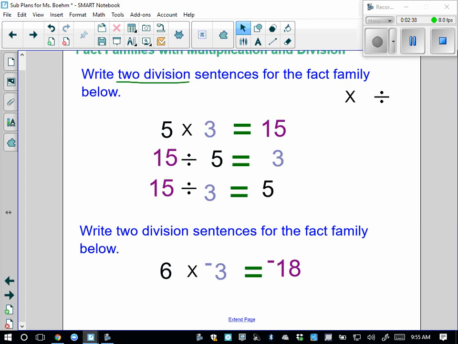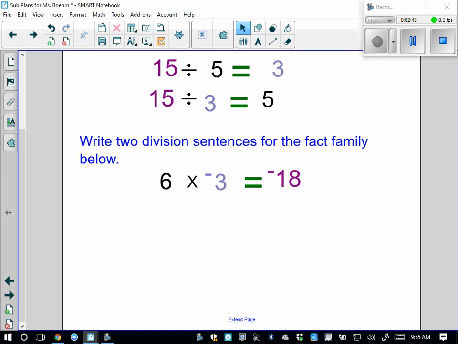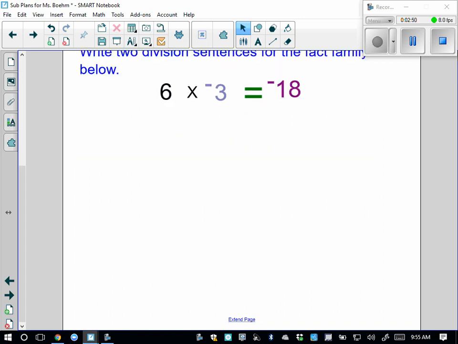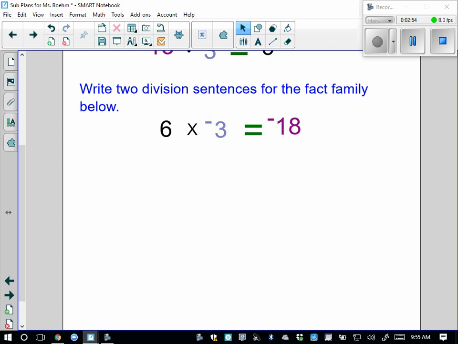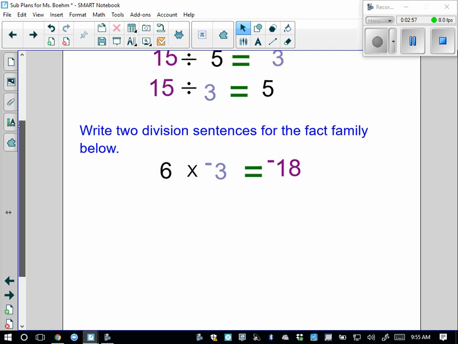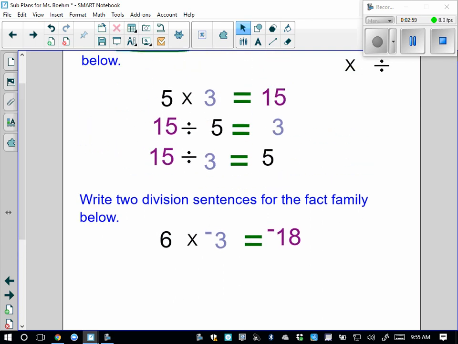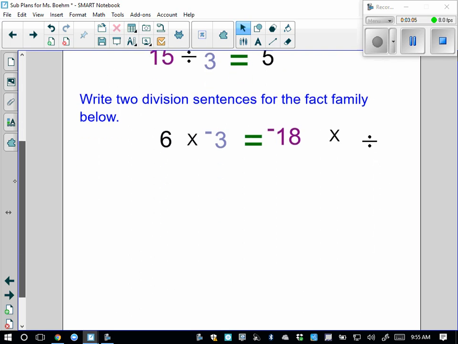Now you guys know on the quiz and the test, the fact families with negatives were harder, right? So when we scroll down here, this is a harder example of a fact family, but the principle remains the same. Let me grab these so I can put the screen up.